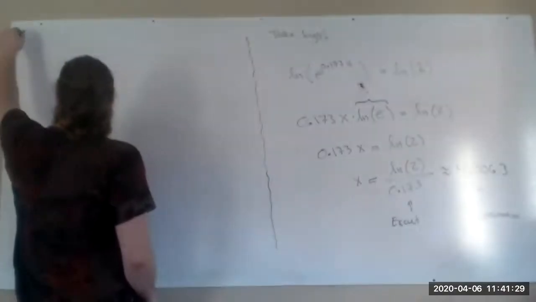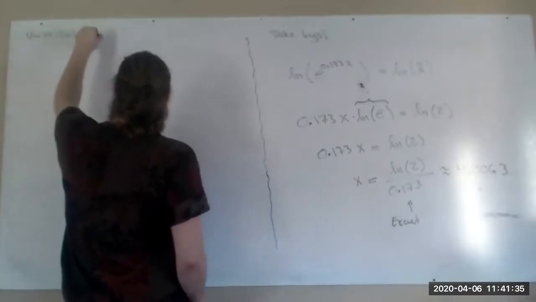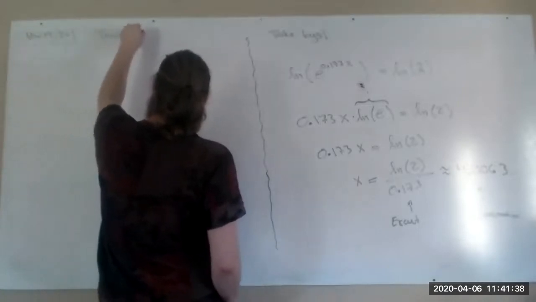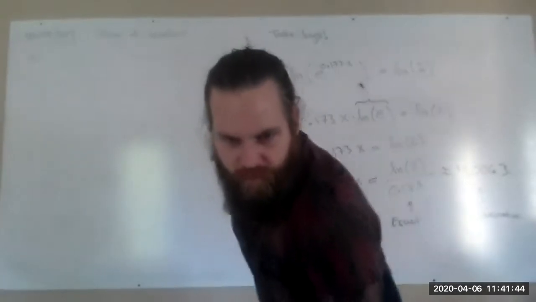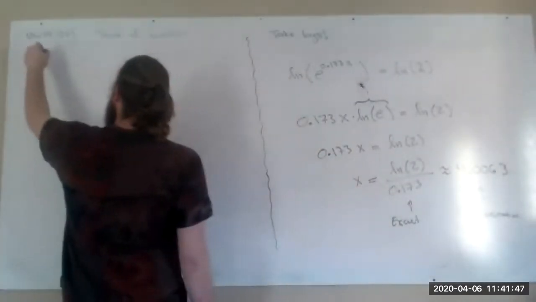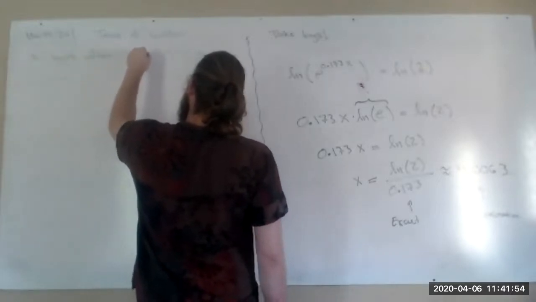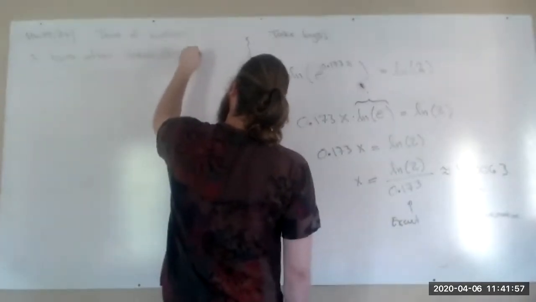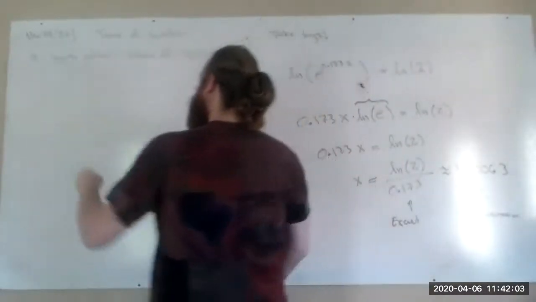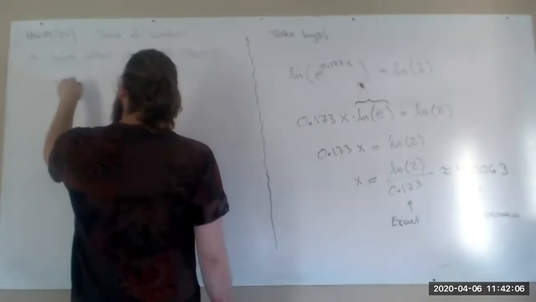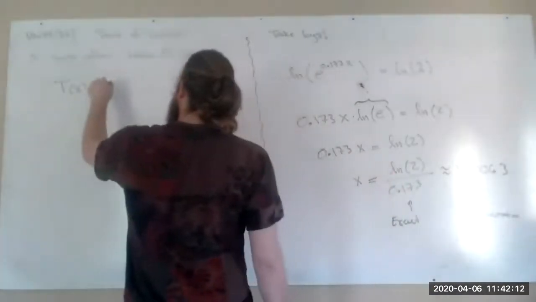So the temperature, this is homework 19, problem 26, of some water, x hours after being taken off the stove, is T of x equals 20 plus 80 times e to the negative x.